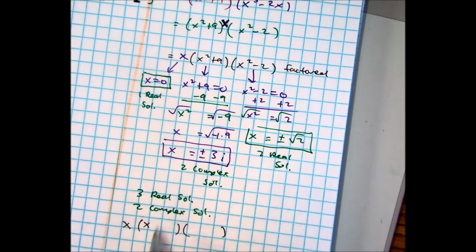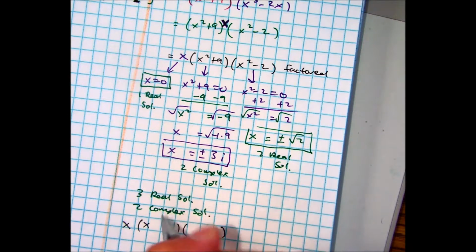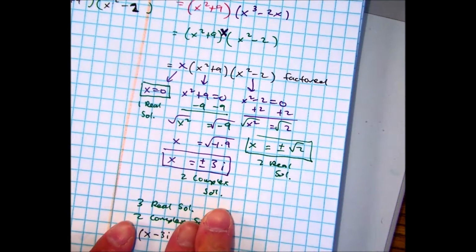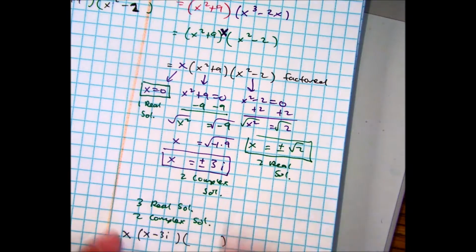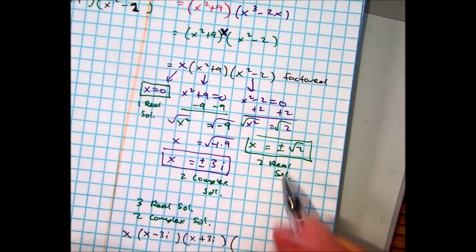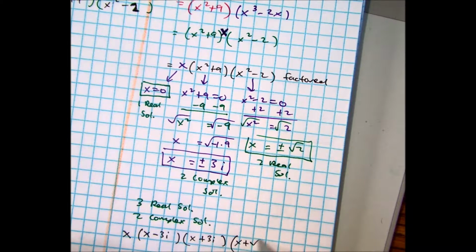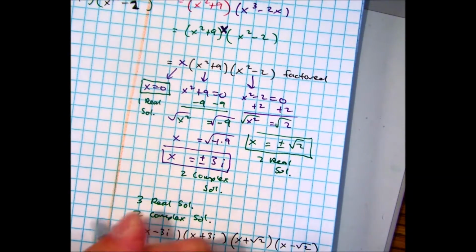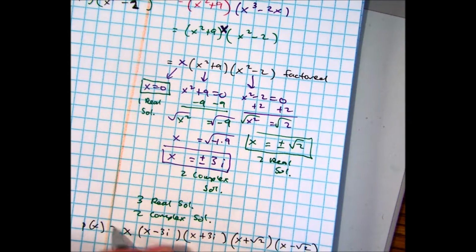Can I write plus 3i? No, well, I wanted a positive, so that'll have to be the negative. Remember when I set it equal to 0? Does that make sense? So this will be x plus 3i. This will be x plus radical 2 and x minus radical 2. So if I had to factor all this, this is my big ol' answer.